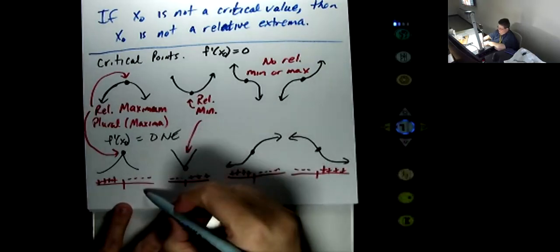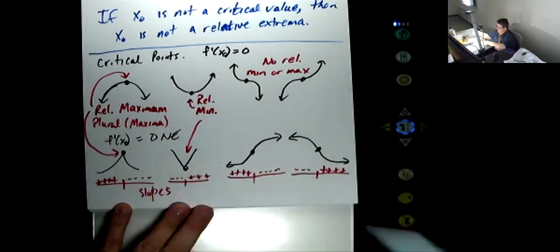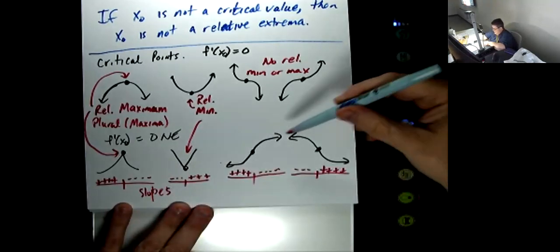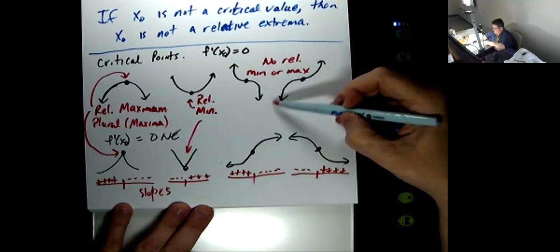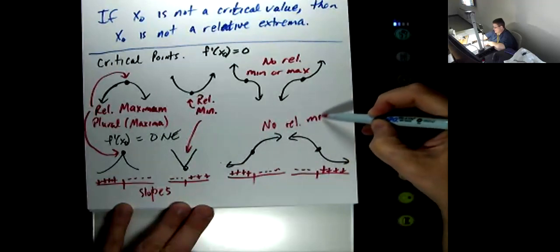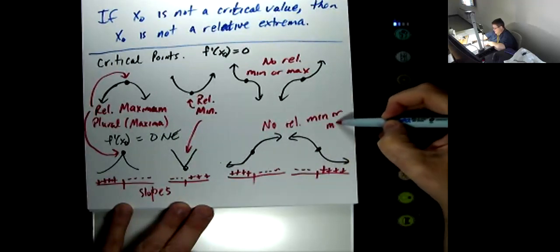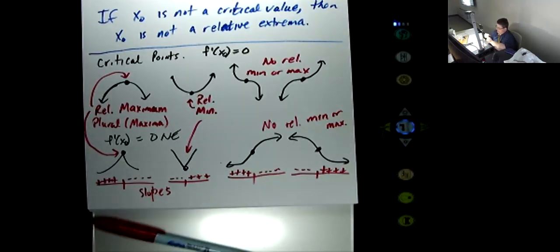So these are the slopes. And these two are not, no relative min or max here either. These are all DNE, does not exist, situations.